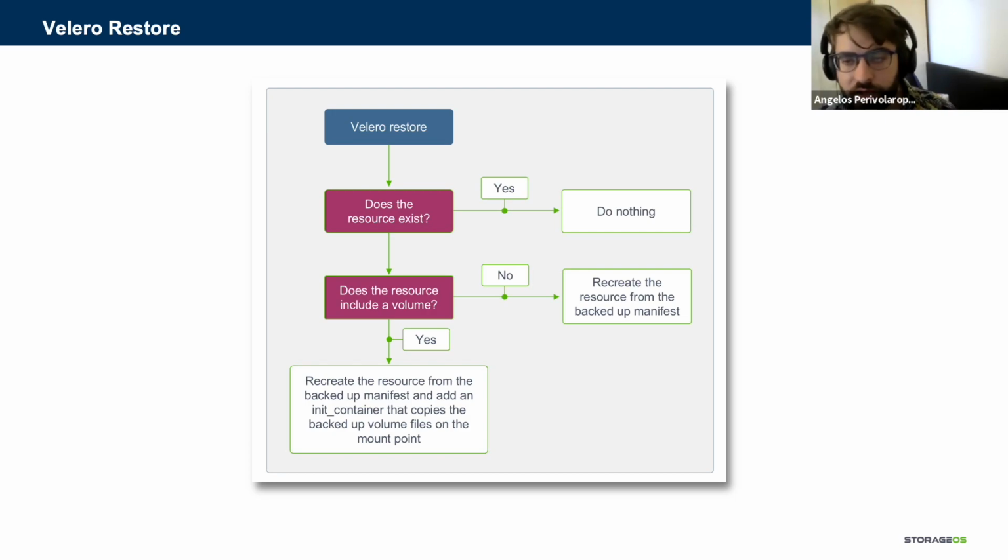It's very simple. If it does include a volume, then you recreate the resource, but you also add an init container that basically copies the backed up volume files onto the mount point of that pod. So it's able to copy the data into the new volume that is created by the backed up application. So let's see how that works in action.